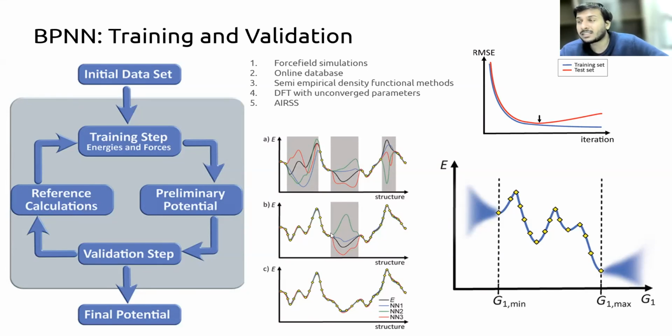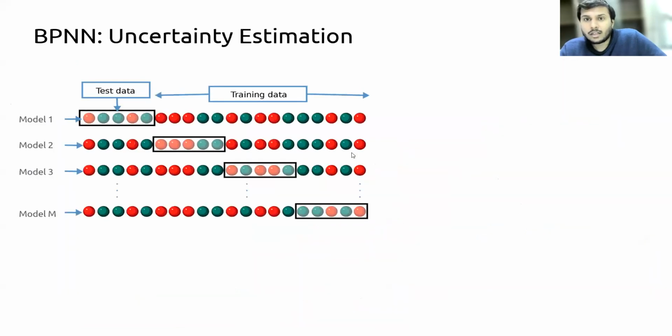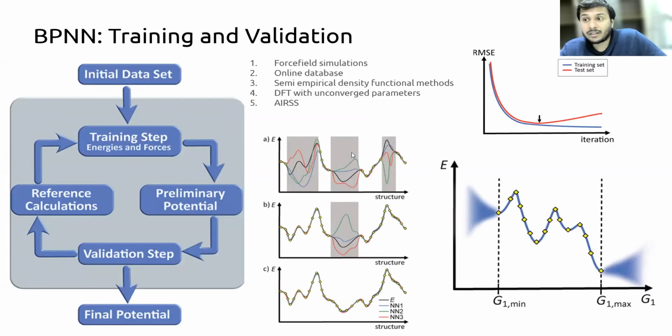If you follow this kind of scheme, you will be able to add only those points to your training set which are not already present, and this will avoid redundancy. It will allow you to have a small and compact training set. And of course, given that you predict with more than one model, it will also allow you to understand how good your model is at extrapolating. All right. And this was basically the bit on training and validation.